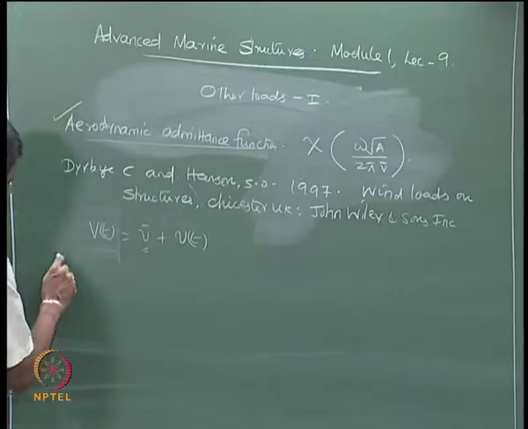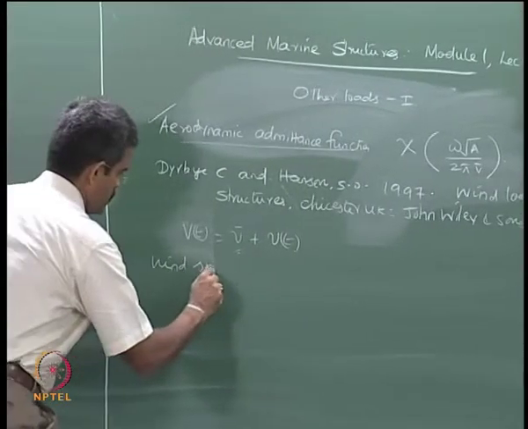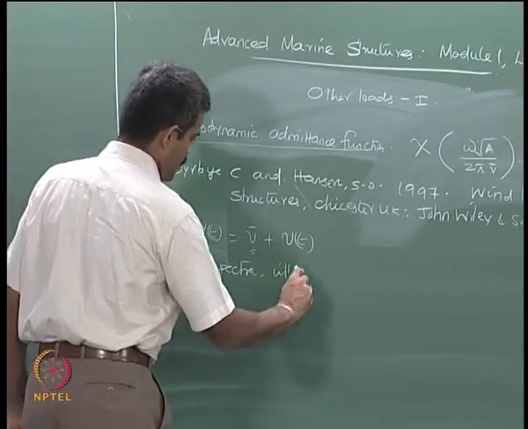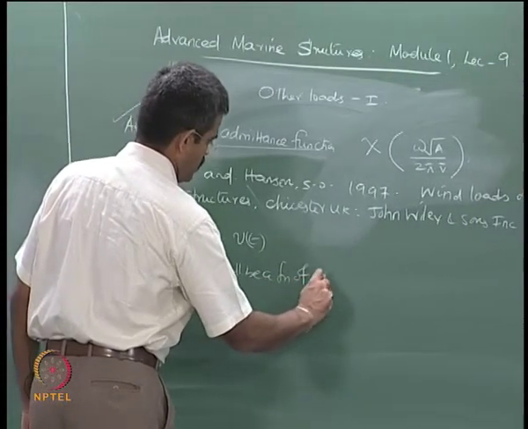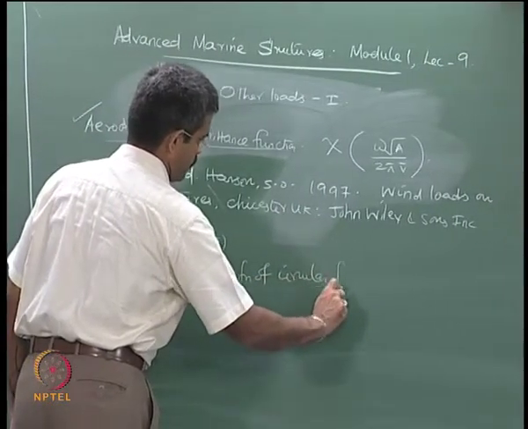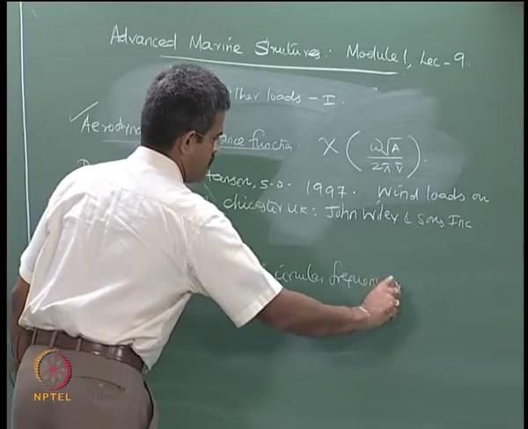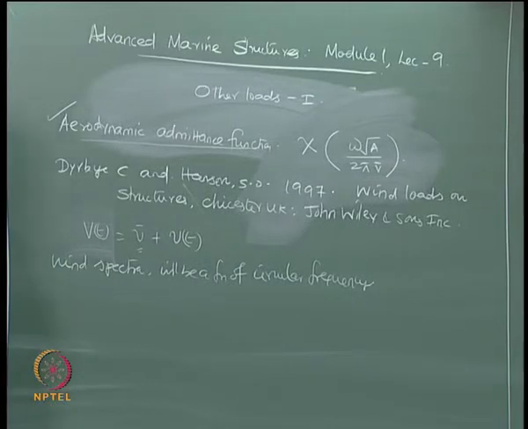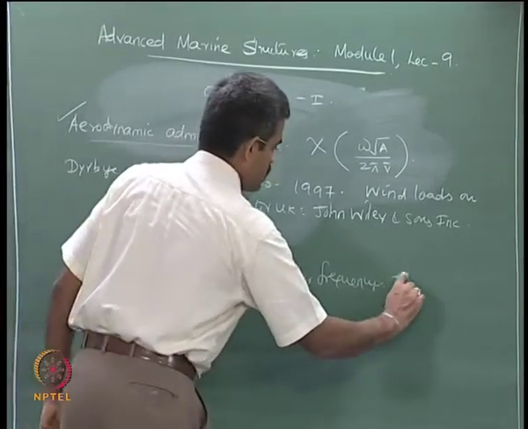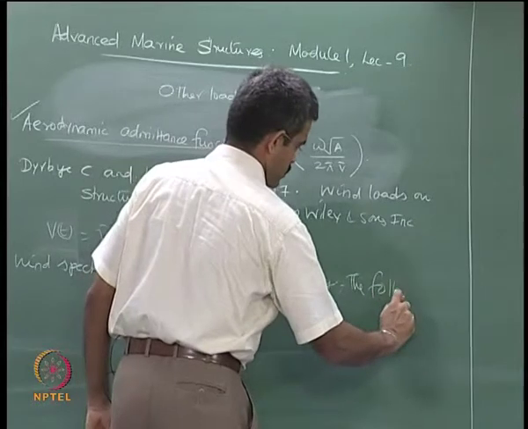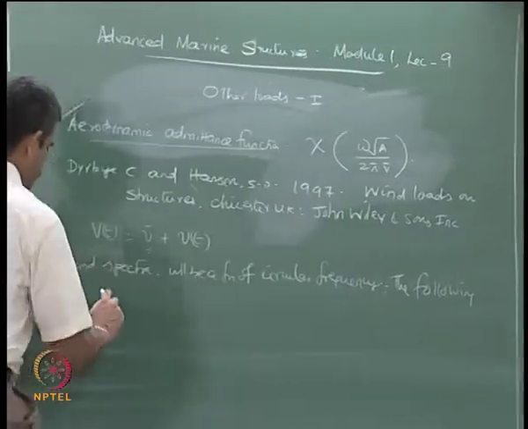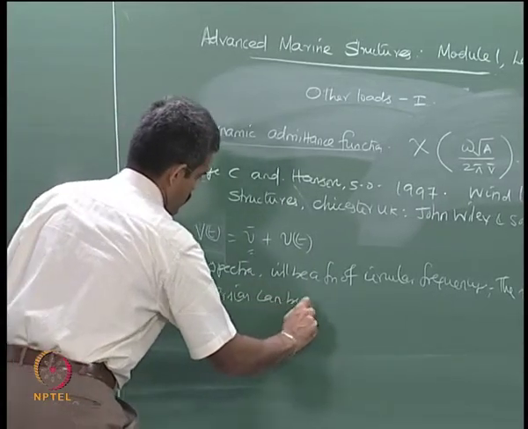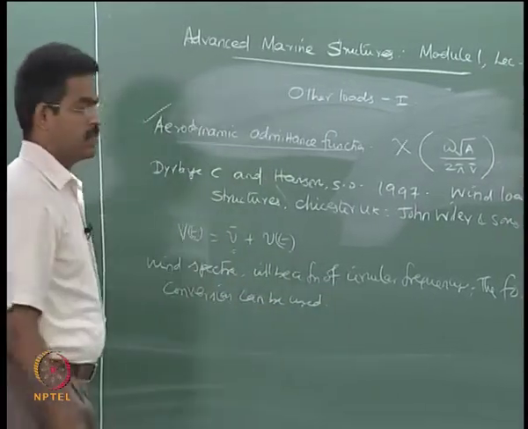Now the wind spectra which will be given now will actually be a function of circular frequency, which is quite unusual. But the following conversion can be used to understand these spectra.